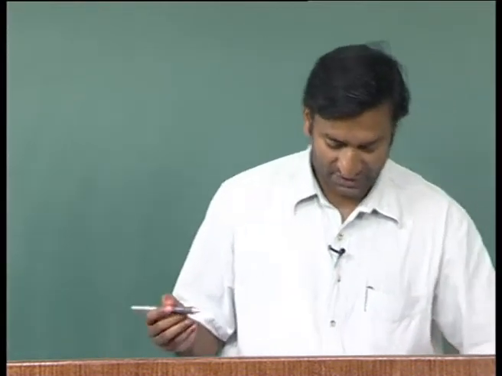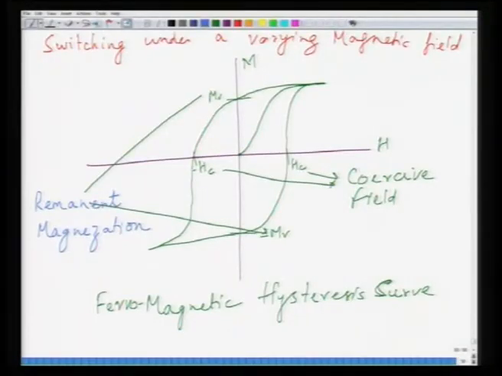And of course, we are talking here in terms of domains as well. We have not introduced how the domains in these materials form and how they switch. We will look at that in a little while as well. This is what is characteristic of a ferromagnetic material.